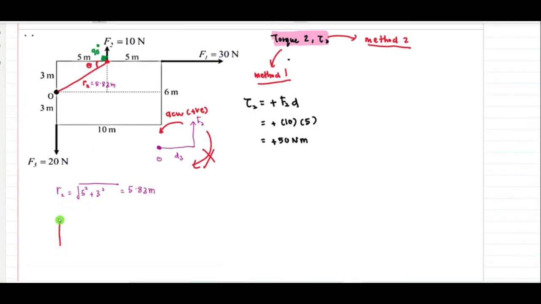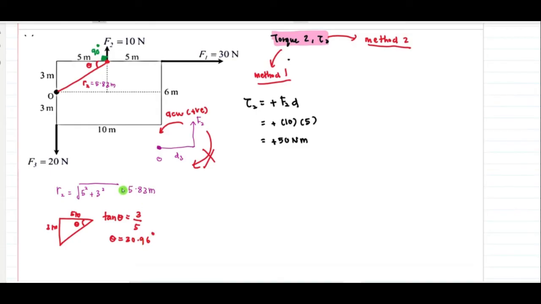Saya lukis balik triangle. So we want to find theta here. So we have 5 meter and 3 meter. So I will use tangent theta. So tangent theta is equal to 3/5 and theta is equal to 30.96 degree. Okay.